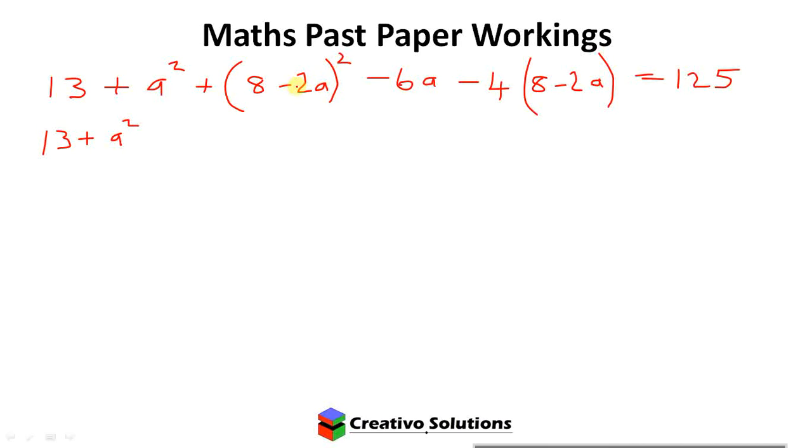Okay, I need to multiply these two brackets out. So 8 times 8 is 64. Minus 2a times 8 is minus 16a. 8 times minus 2a is minus 16a.